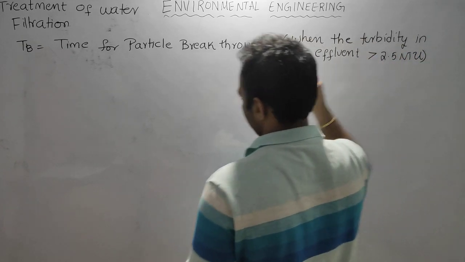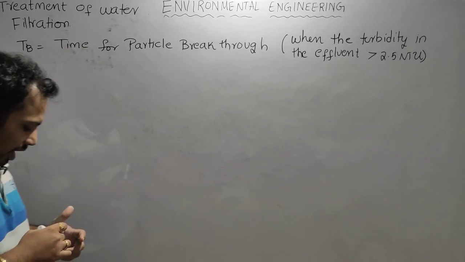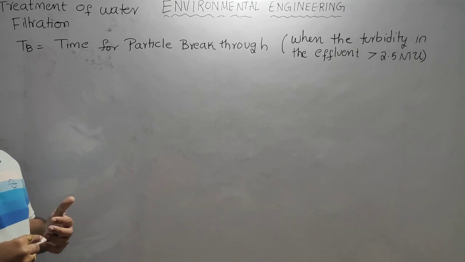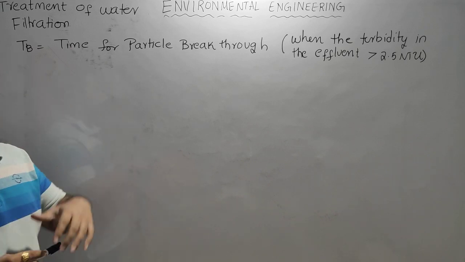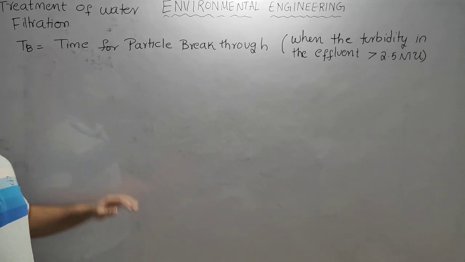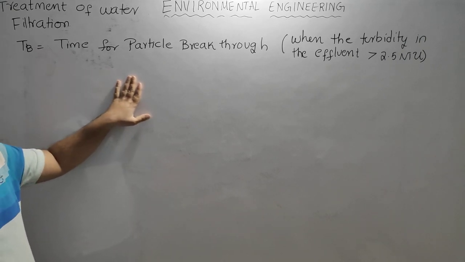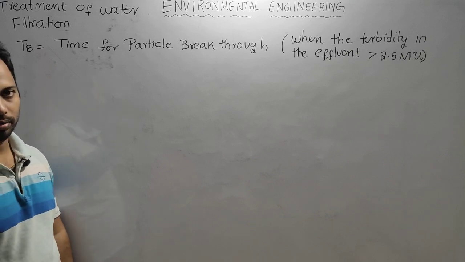When the turbidity in the effluent is more than 2.5 NTU, that time is called time for particle breakthrough. So how much time after the filter commissioning this is happening, that is the time of particle breakthrough for that filter.